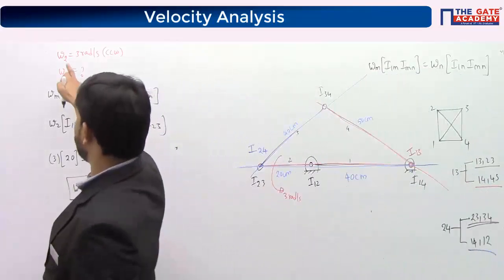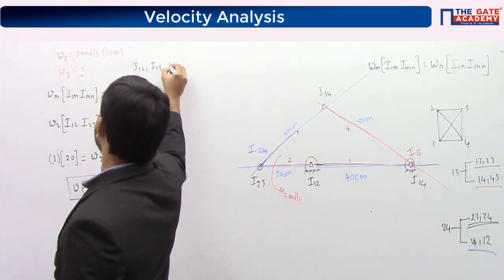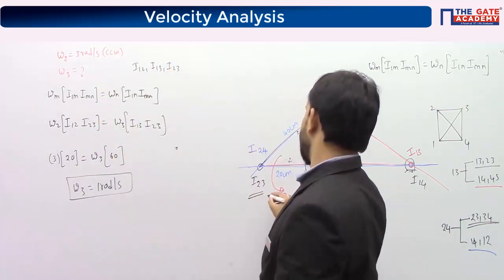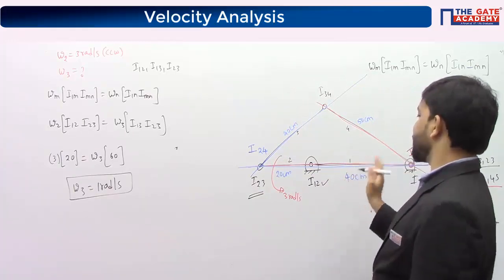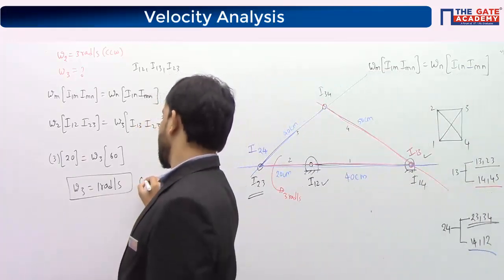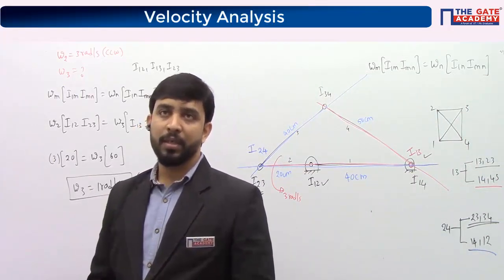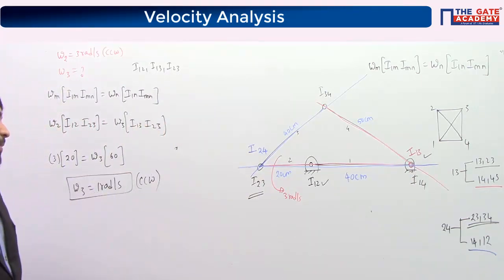For 2 and 3, you see the location of I12 and the location of I13 with respect to the common I center I23. Where is I23? This is I23. I12 is lying here. I13 is lying here. So both are lying on the same side of the common I center. So both links 2 and 3 will rotate in the same direction. 2 was rotating counterclockwise, so 3 also rotates counterclockwise at this instant.